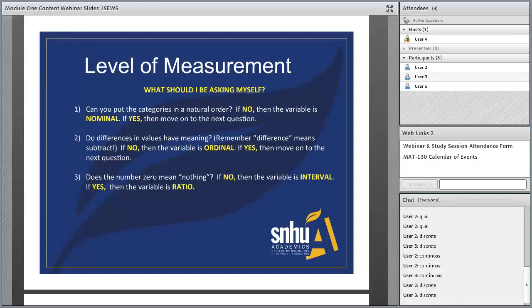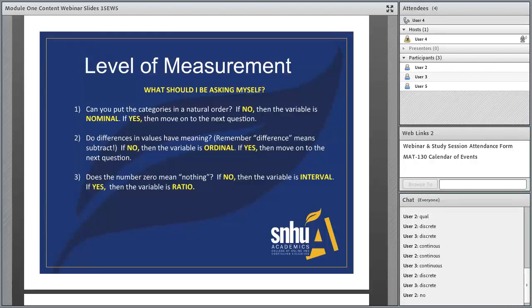First of all, those do have a natural order, because it's increasing the amount of schooling they have. But you can't really subtract that. You can't say, some college minus some high school equals, right? That doesn't really make sense. So the subtraction doesn't have meaning.